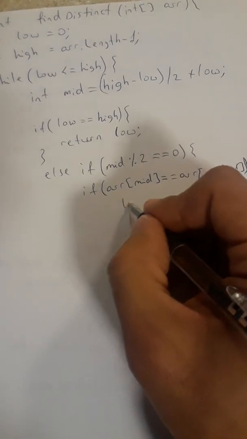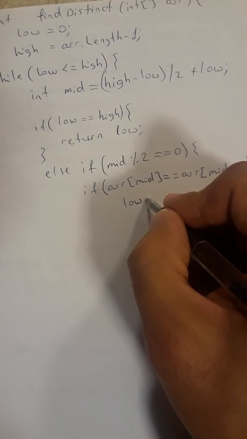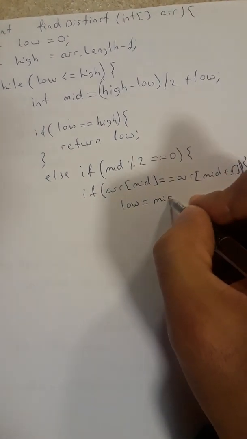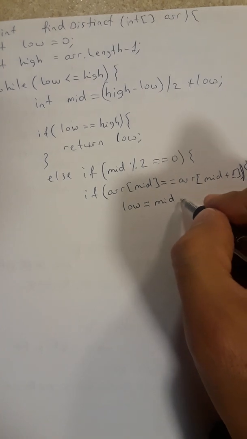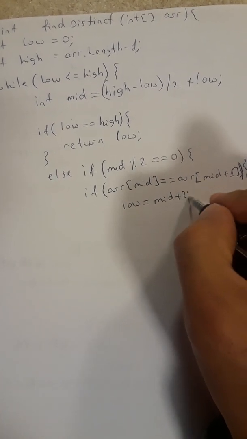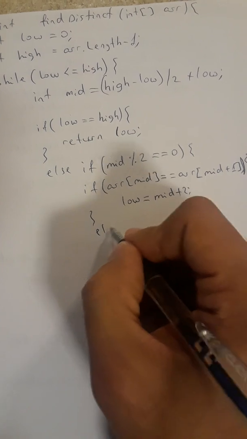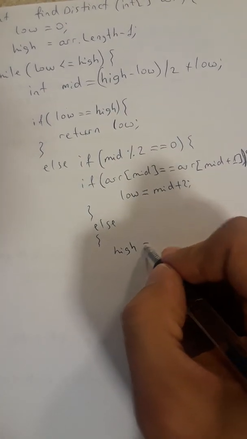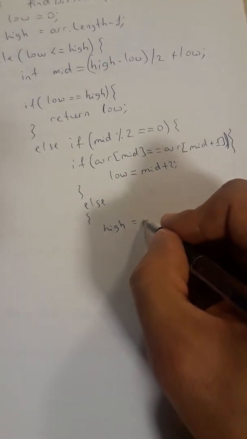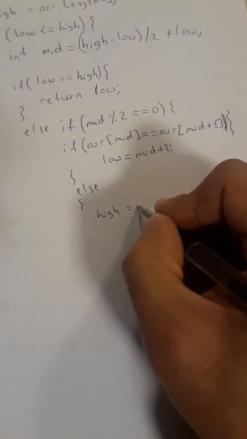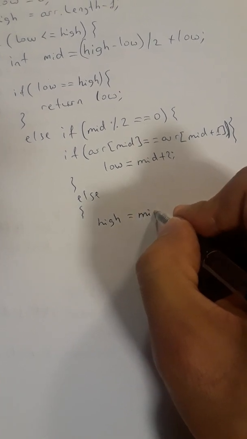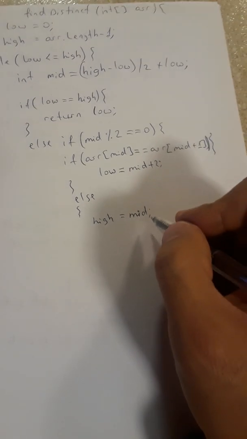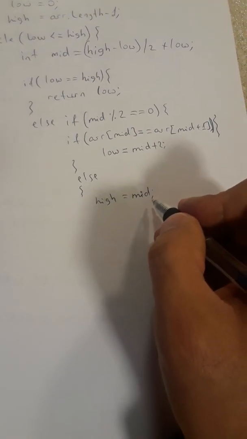If it's equal, I will keep searching at my right side, changing my low pointer. Otherwise, I will change my high pointer, making it equal to the pointer that we're looking at.